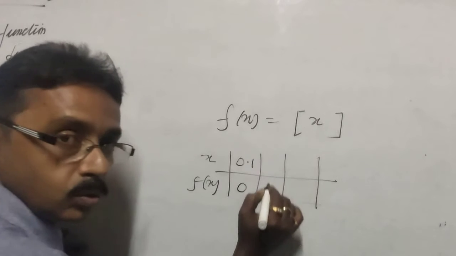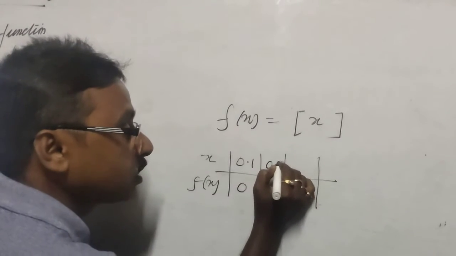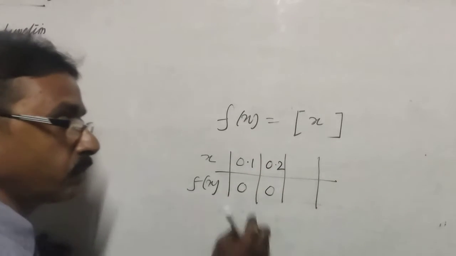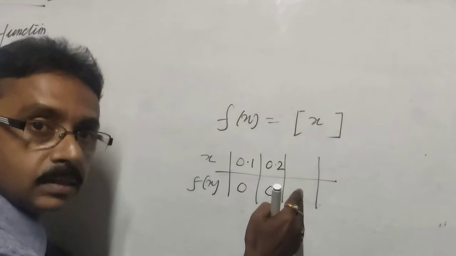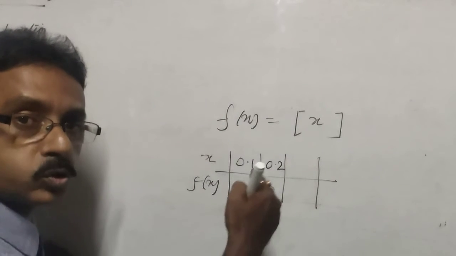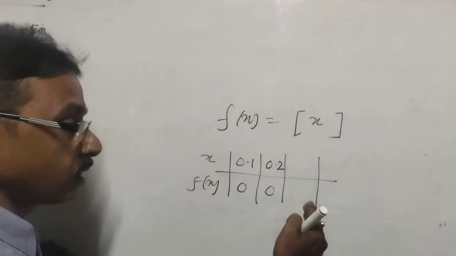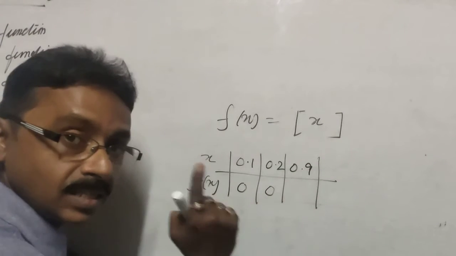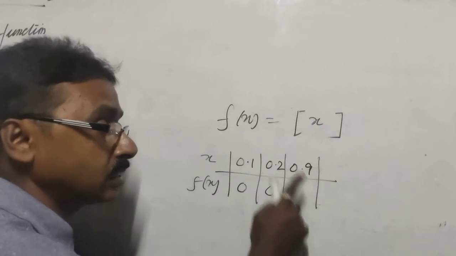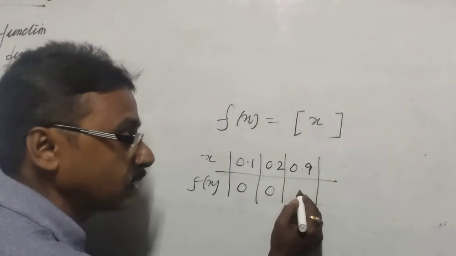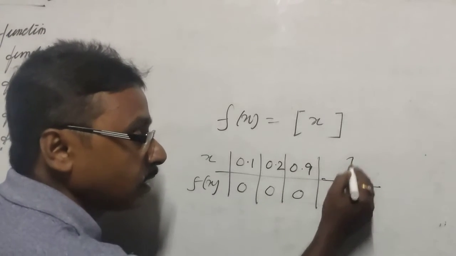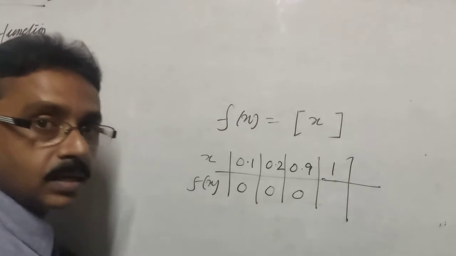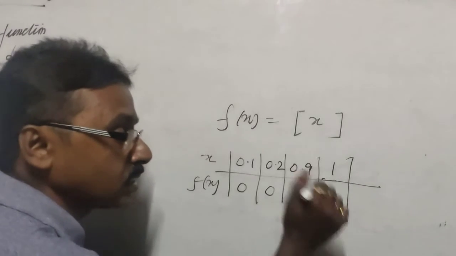If x is 0.2, it is 0 only, because up to 0.9 or 0.99, very close to 1, suppose I am taking 0.9, then also the greatest integer less than this 0.9 is 0. Now if I take 1, then the greatest integer less than or equal to this is 1.